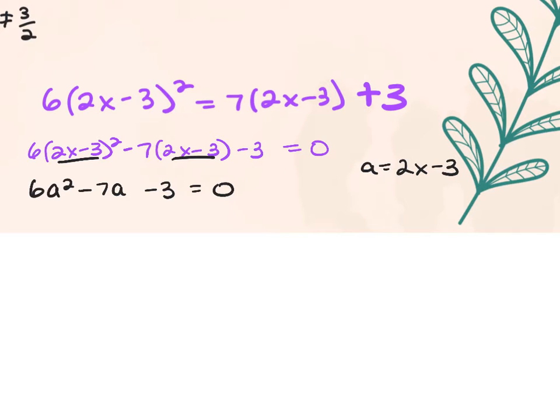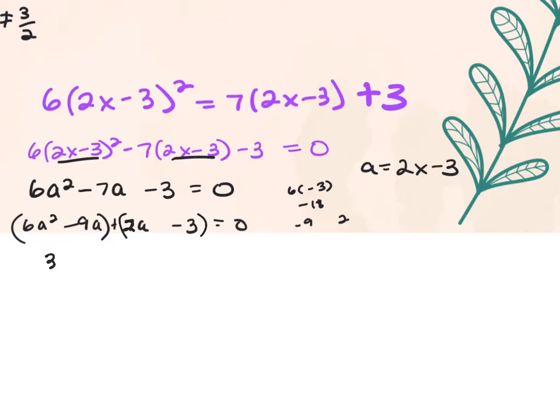A lot easier. Now I factor this, so this would be 6 times negative 3, negative 18. Factors of negative 18 that sum to negative 7: negative 9 and positive 2. 6a squared minus 9a plus 2a minus 3. Sorry, plus 2a, thank you. The math in my head.